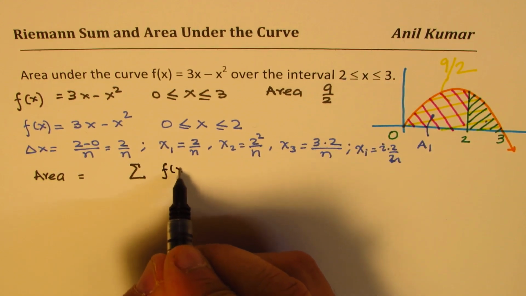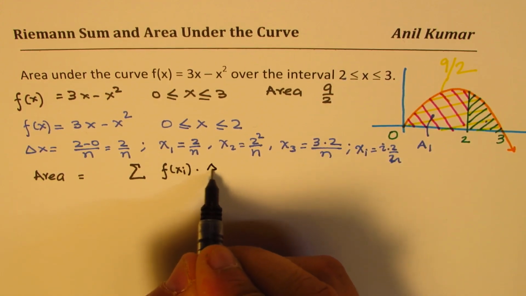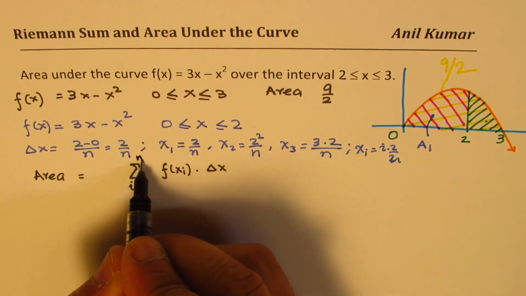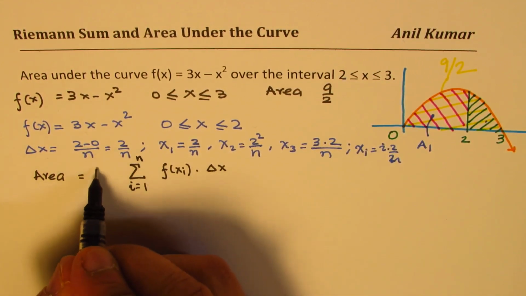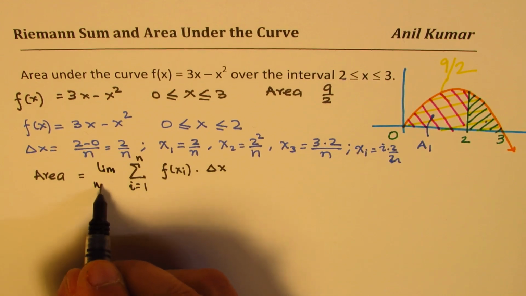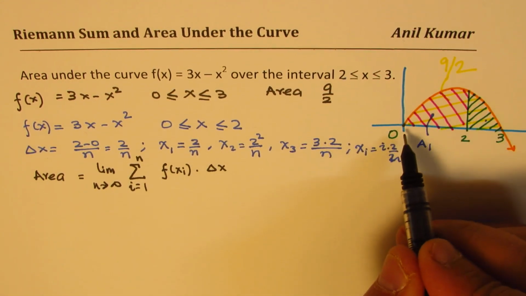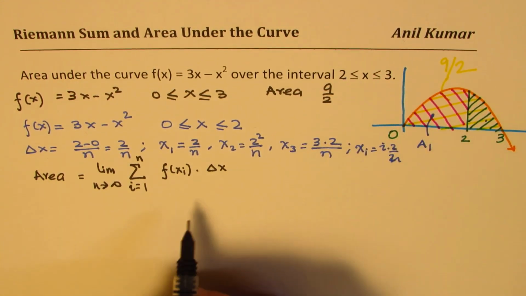So f of xi times delta x, where i will change from 1 to n. And if n is very large, that is, limit n approaches infinity, then we get a fair approximation of the area under the curve between 0 and 2, correct?